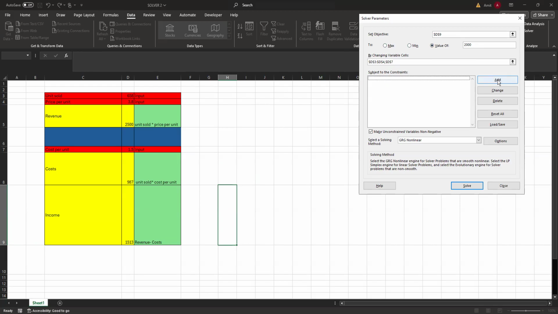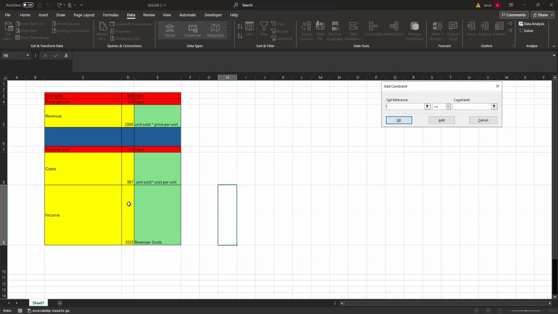Let us add some constraints. They may be given in the question. Add constraint: this price per unit should be an integer. Add, this is one constraint added. Second constraint, cost per unit: it should be less than or equal to 3.